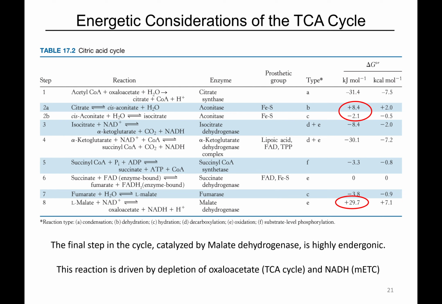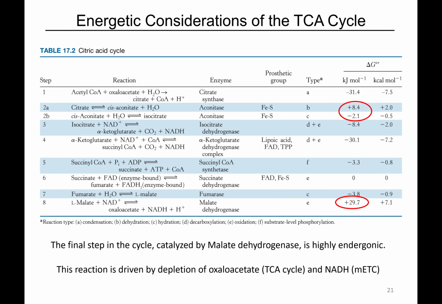And that's what happens in the TCA cycle. For the aconitase step, it's reasonably close to equilibrium. It's not super far away, but nonetheless, this is non-spontaneous under standard conditions. But note that the previous step is highly spontaneous, and the subsequent steps are also highly spontaneous.